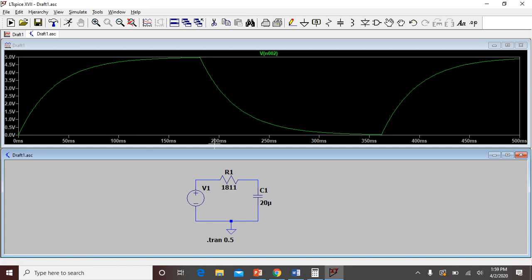Supply voltage was 5 volts. So there is no extra time taken in this on period. Once it is fully charged at this point, it has started discharging, because we have given this time period in a particular manner so that it gets the exact time, that is 5 tau.